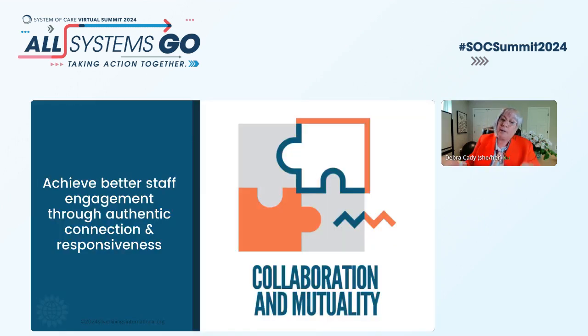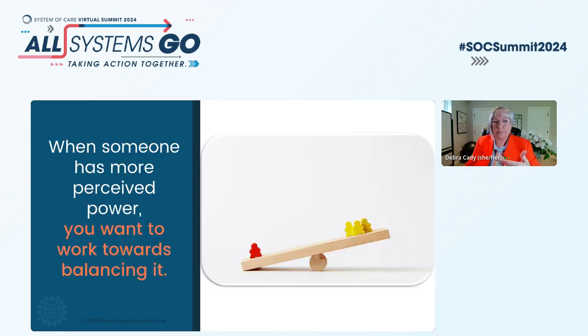So collaboration and mutuality is about, again, authentic connections and responsiveness. When someone has more perceived power, you really want to look towards balancing it. And I know you all know what it feels like when there's an imbalance of power. Again, you can tell me through emojis if you feel what I feel when things are out of balance, in the wrong way.